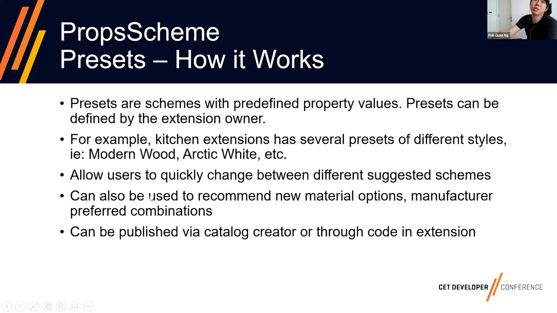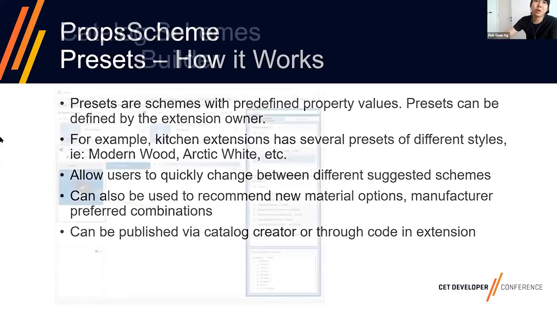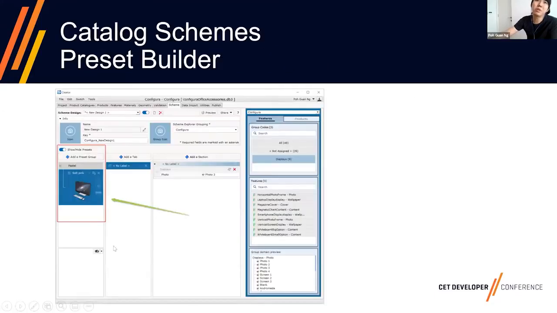So for presets, how do you do this? You can define a preset through code in the extension, or you can publish a preset through the catalog creator. On the catalog creator side, this is the preset builder. You would have a show and hide preset option here.